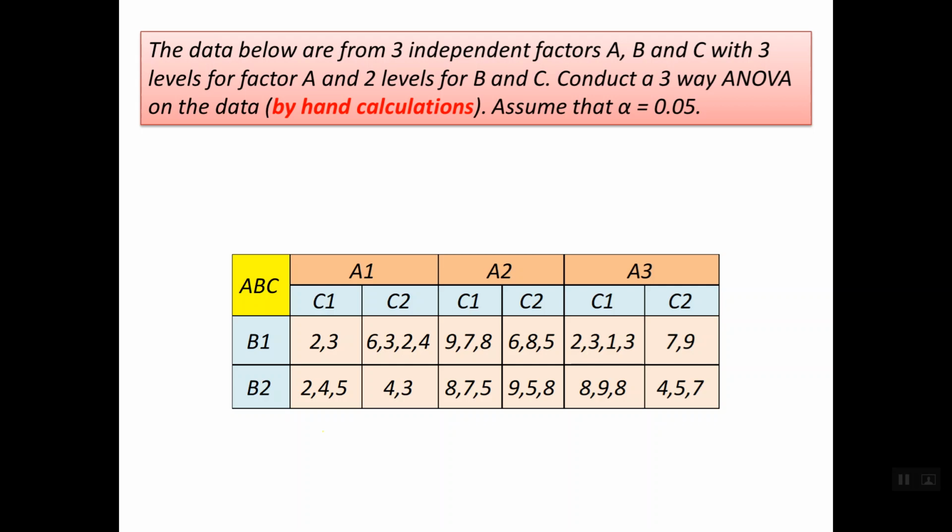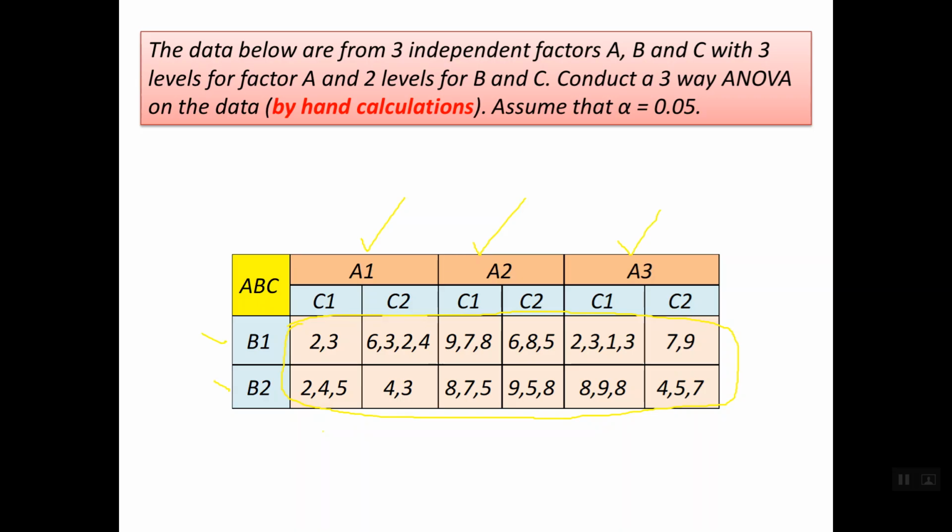So we have here the records or the data which comes from the experiment. Here we have the factor A, we have 3 levels: A1, A2 and A3. Regarding the second factor, factor B, we have level B1 and level B2.